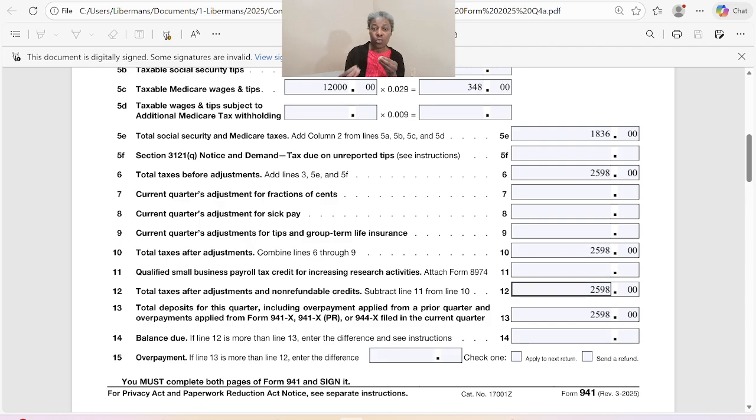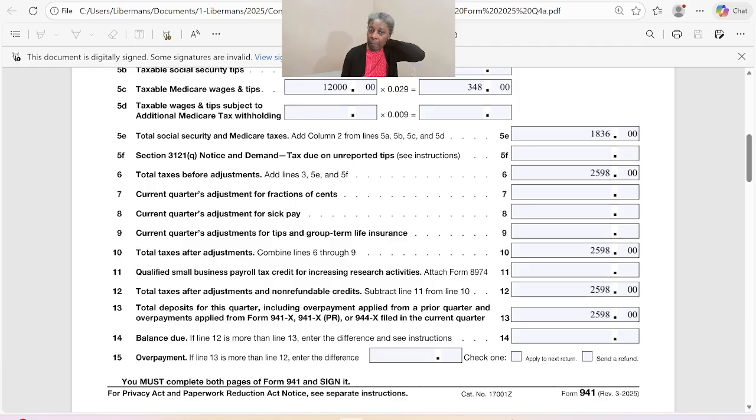So it's a non-refundable credit in that sense, that is decreasing your payroll tax dollar per dollar, or dollar for dollar. So our payroll liability or our payroll tax is line 12, 25.98 in this example. Line 13, total deposit for this quarter.